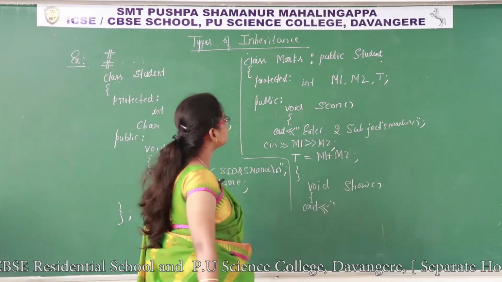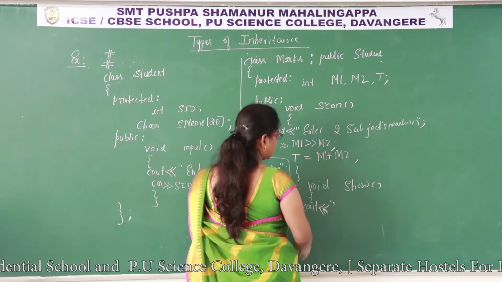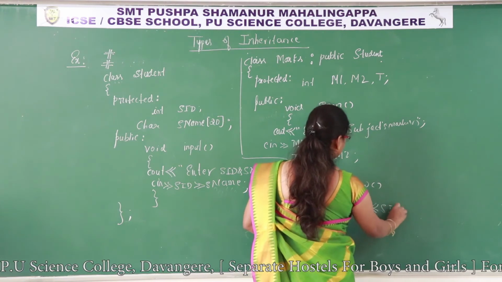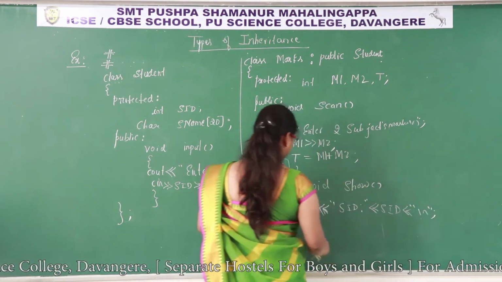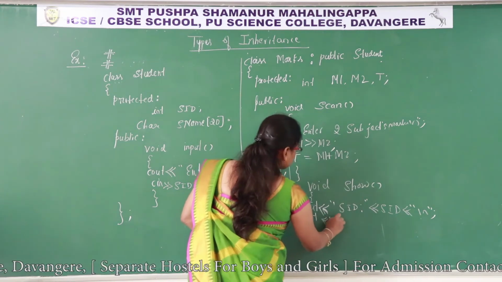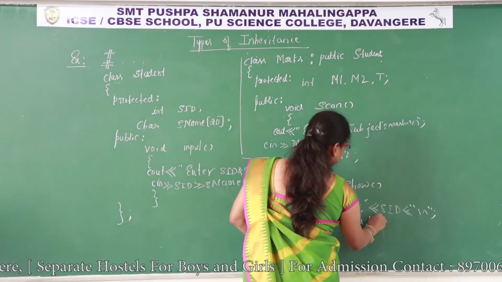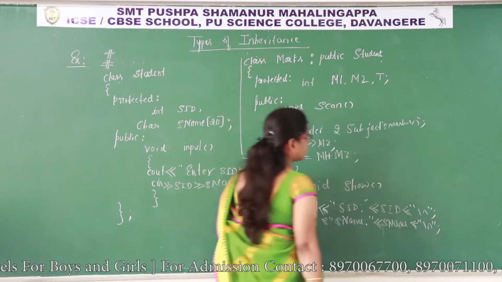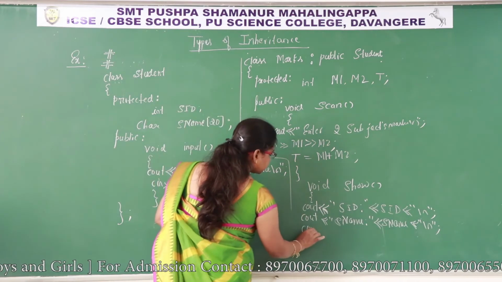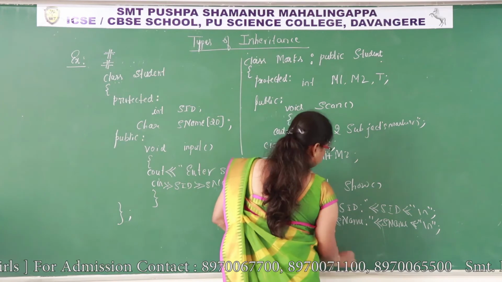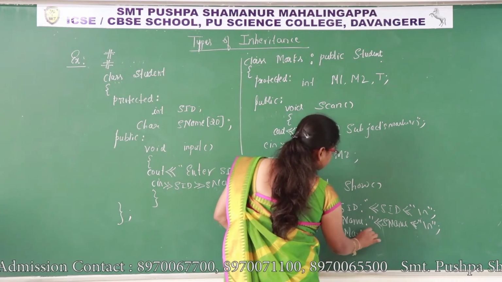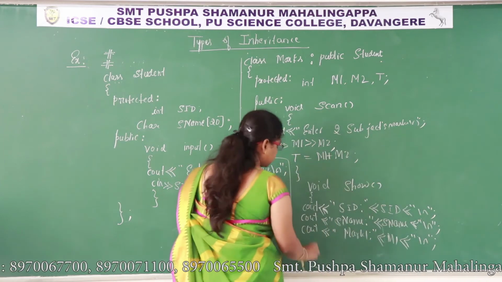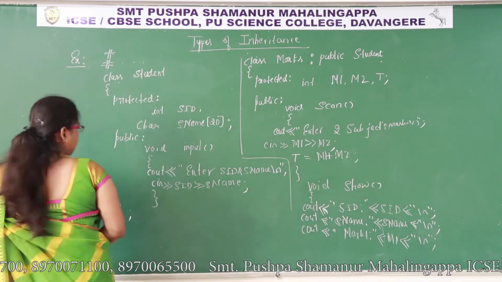Cout insertion, I'll display like this. SID, SName, then cout, marks 1, m1, or we can display in a tabular format here.